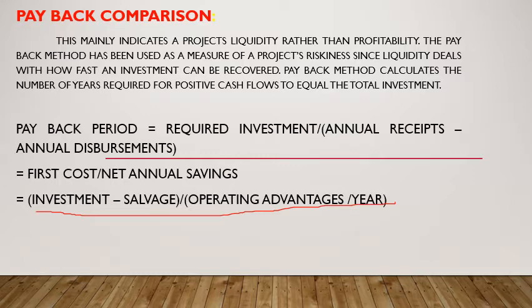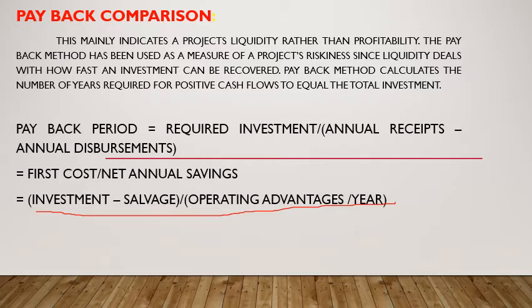Net investment is nothing but the initial investment minus the salvage value, divided by total receipts minus total disbursements. That is the net annual savings, or the net annual profit. Normally we call it net annual savings.